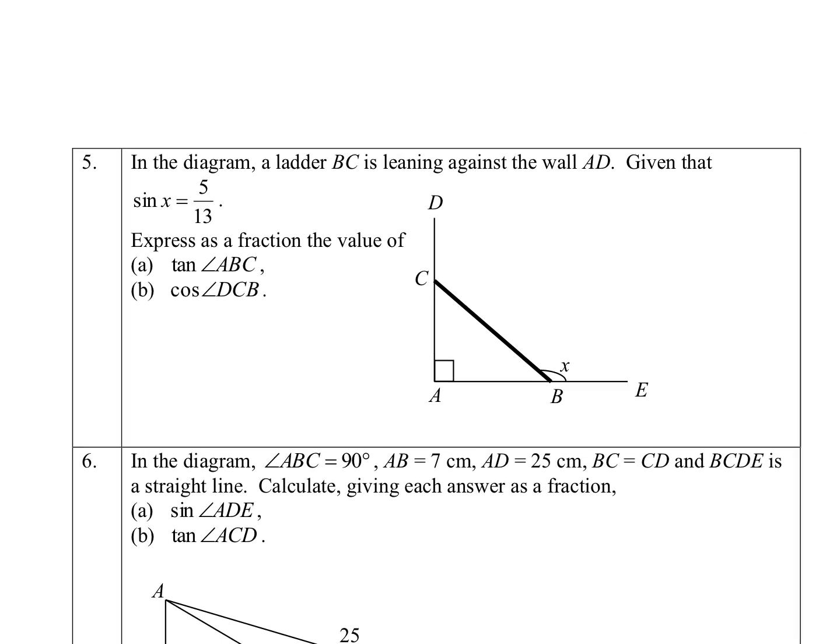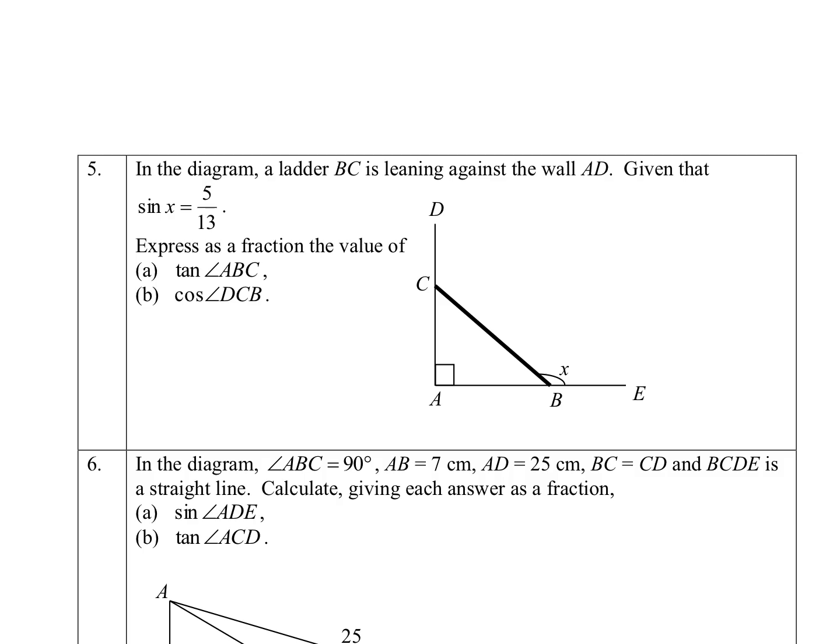Quick one. I have a ladder leaning against the wall. Given that sine of x is 5 over 13. Okay, take note. Sine of the obtuse is the same as sine of the acute. So it's as if they tell me that the sine of 180 minus x is also 5 over 13.